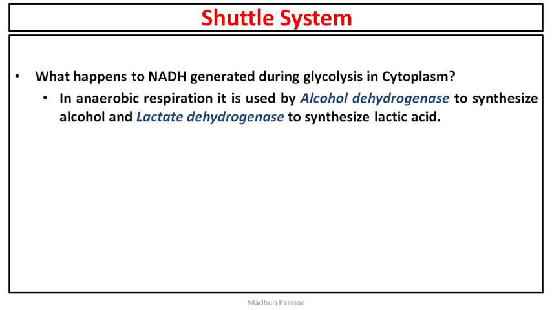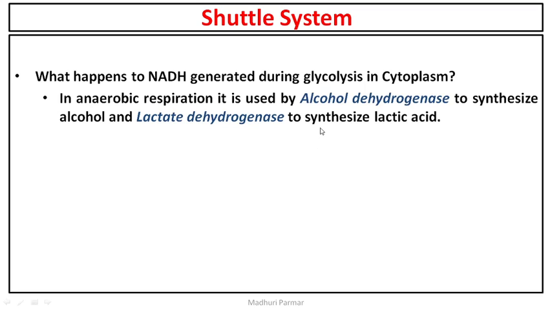Let us understand what happens to the NADH generated during glycolysis in the cytoplasm. During glycolysis, two NADH molecules are produced per molecule of glucose. In anaerobic respiration, that is, when there is absence of oxygen, fermentation takes place, which you already know.